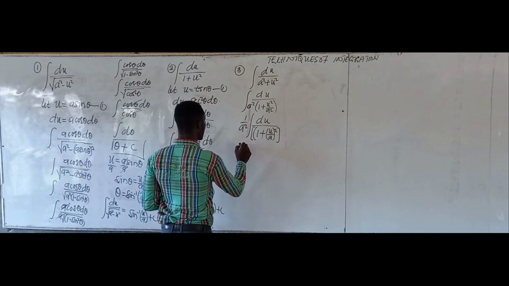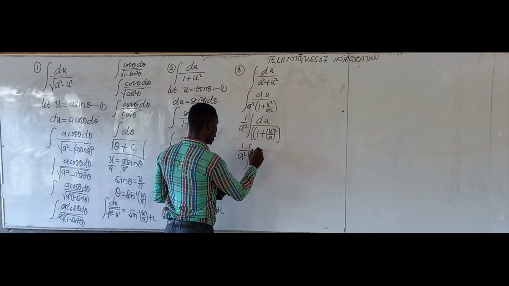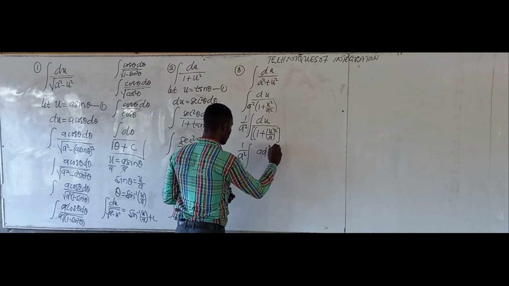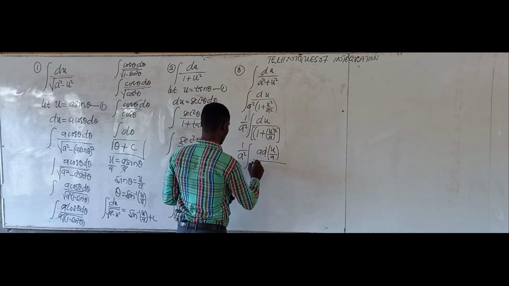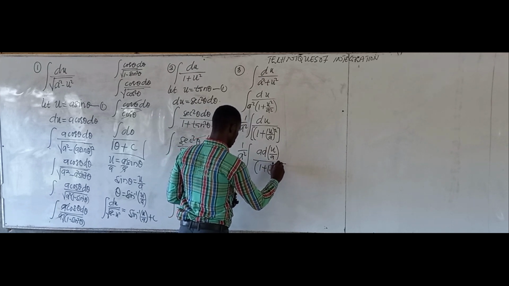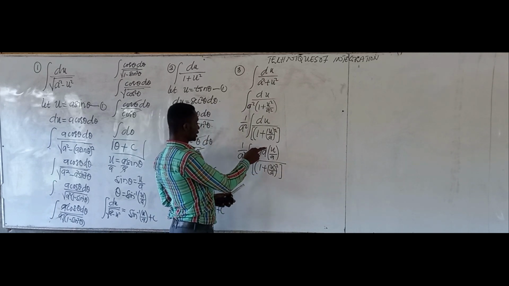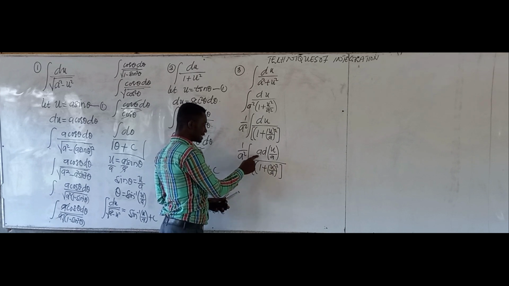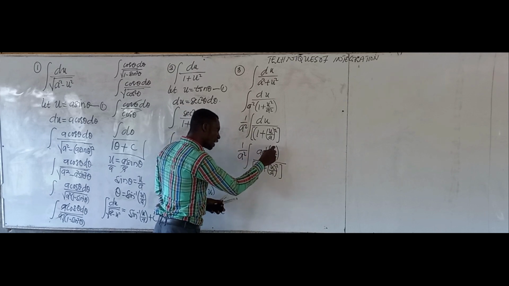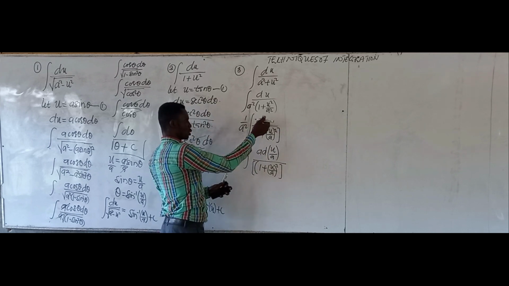Now, this can be written as 1 over a squared integral. Look at the top. I can write a d of u over a over 1 plus u over a all squared. Look at the reason why I've written, look at the top. I've written a d of u over a, so that this a is multiplying u over a, so that this a can cancel a and you have du at the top.